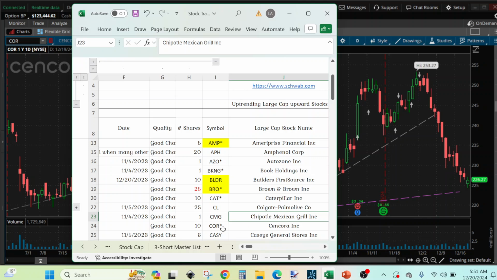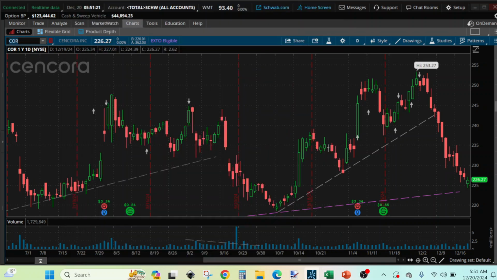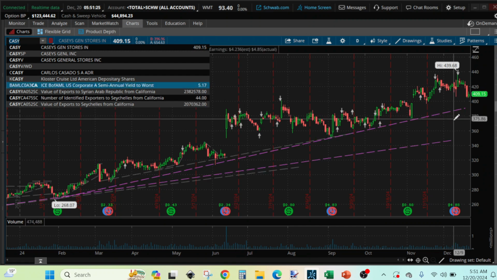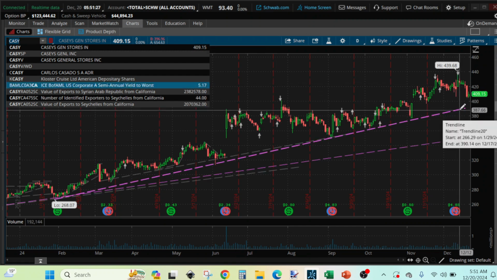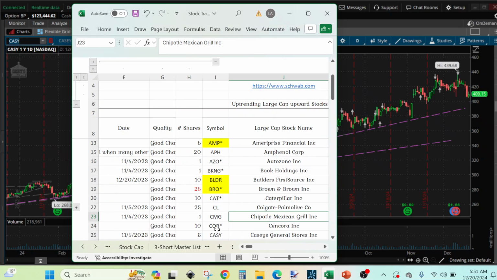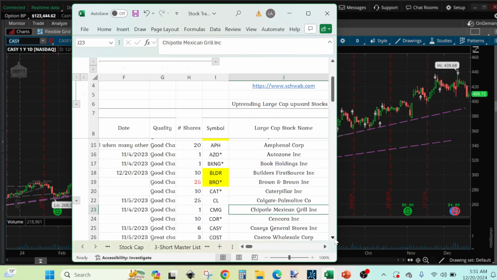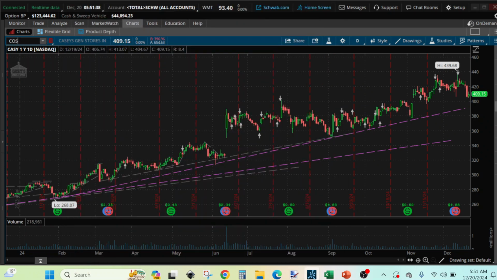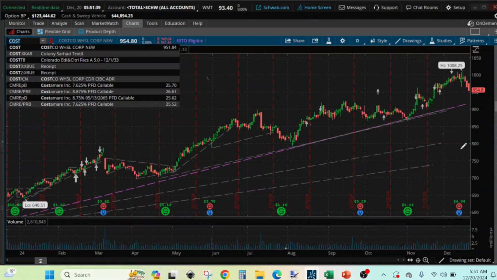So Casey, we are waiting for it on 1 year trend line. The next one, COSC. COSC, we are waiting on this trend line.